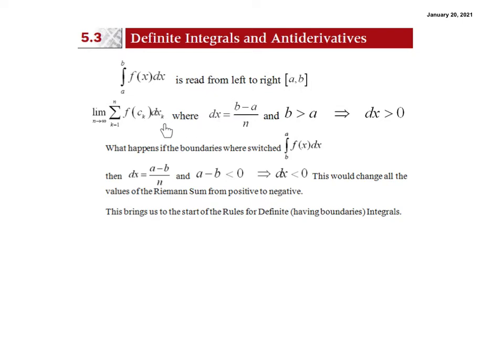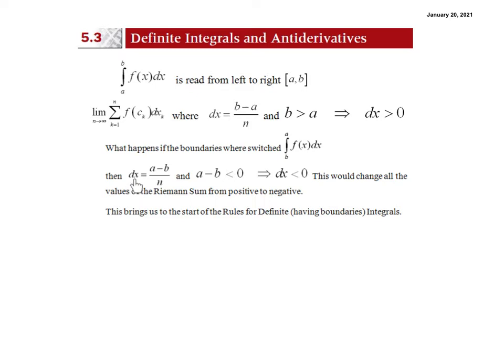And dx is always (b minus a) over n, where b is bigger than a, which means that when you take (b minus a) over n, you're always going to get a positive number because b is bigger than a. So what happens if you switch the boundaries around? What if you do the integral from b to a instead of from a to b?